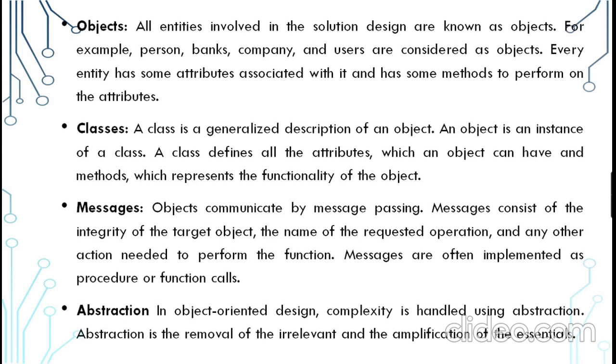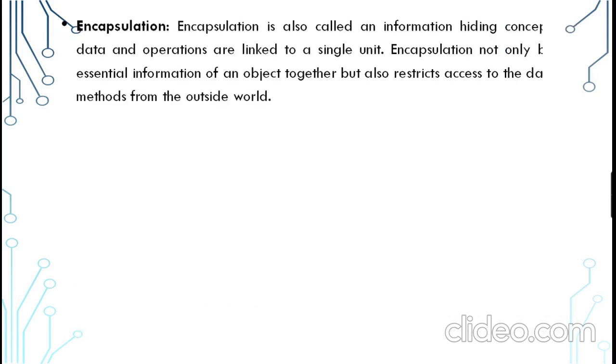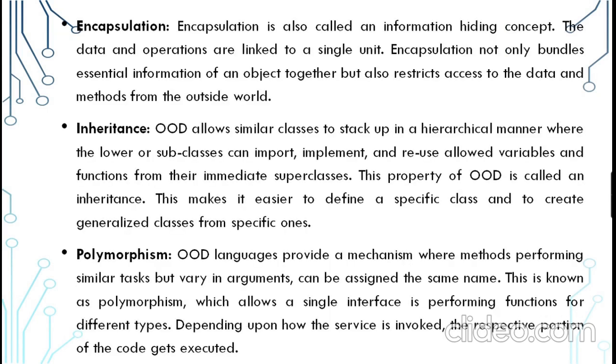Encapsulation. Encapsulation is also called the information hiding concept. Why is it called the information hiding concept? Because the data and operations are linked to a single unit. Encapsulation not only bundles the essential information of an object together, but also restricts the access to the data and methods from the outside world.